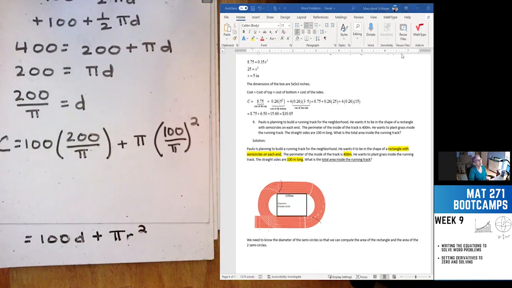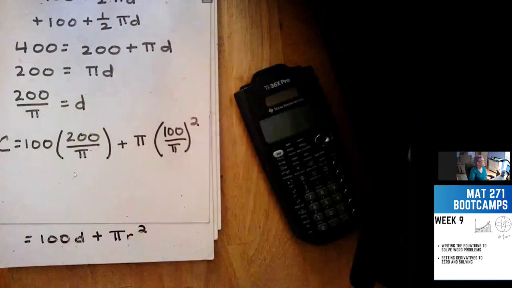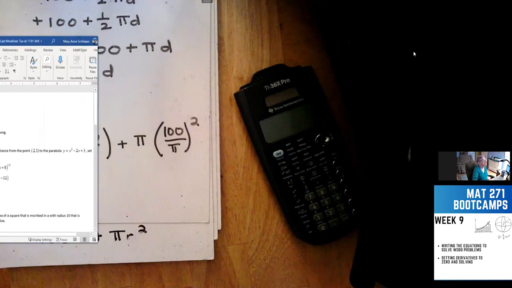Okay, we have struggled with those enough. Let's do some solving. So I'll open up my other sheet. And we'll take a couple of those problems that we looked at earlier.